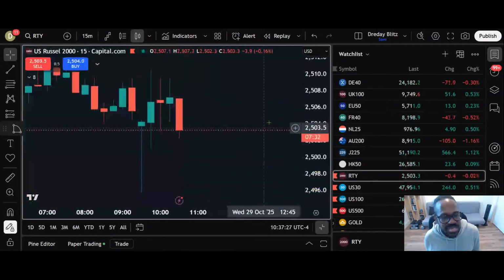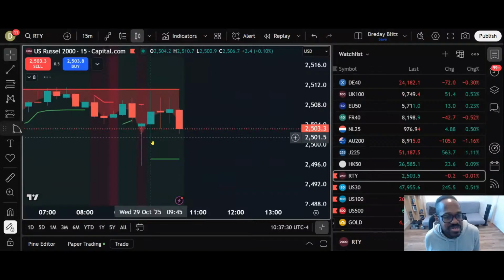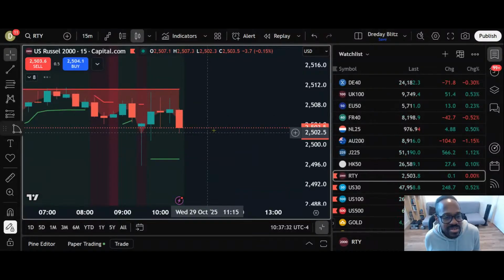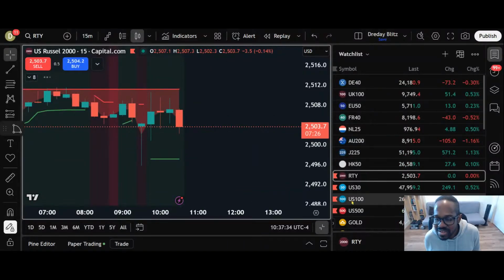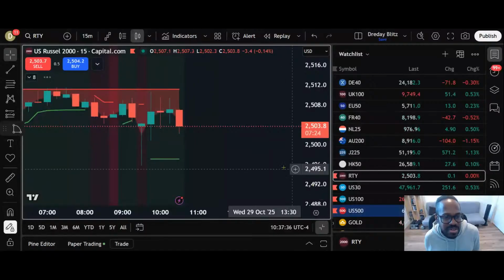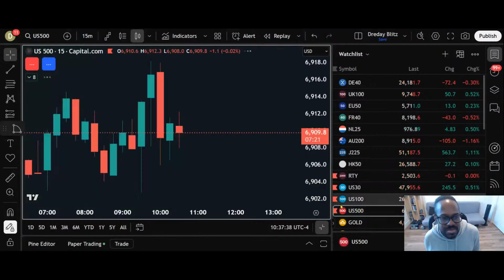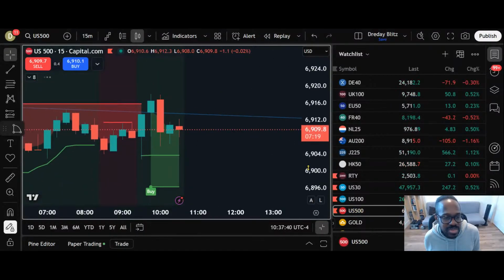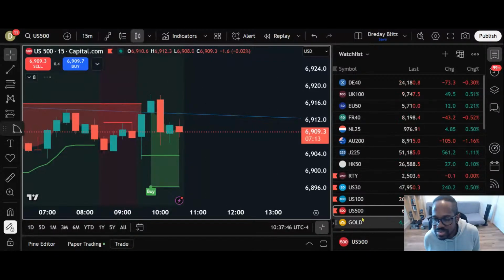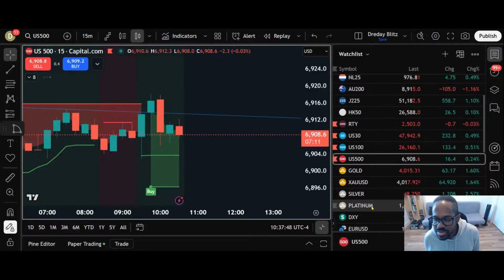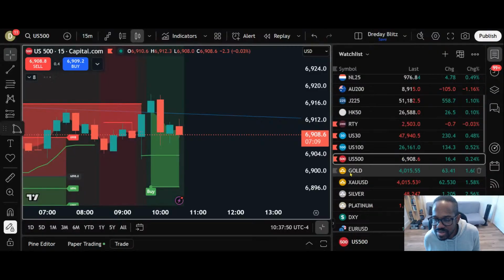Russell, we had a sell pretty much here. Then we had another sell signal here that is starting to go to the downside. S&P 500, let me pull it up. We did have a sell at this point here, and then we had a buy, but now it's retracing. But overall, the US30 trade signal here was the best one.